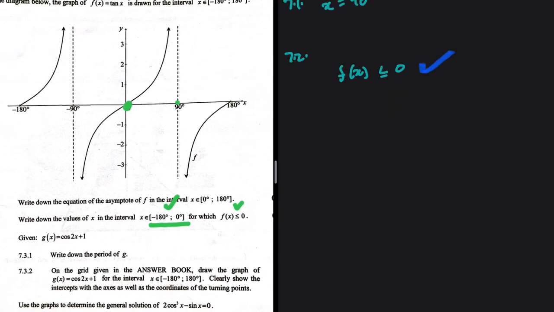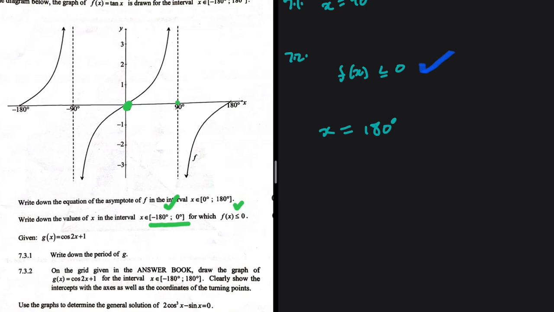So already we can see that x, oh well, let me change the color there. Already we can see that x equals 180 degrees, because when x equals 180 degrees, tan of 180 is 0. So that should be minus 180.